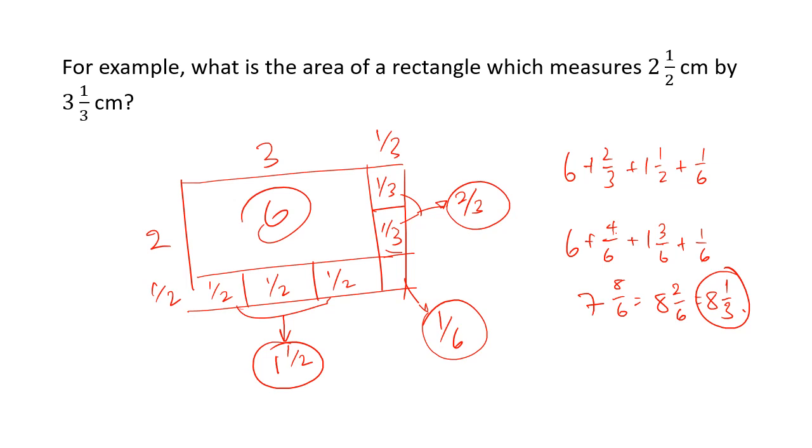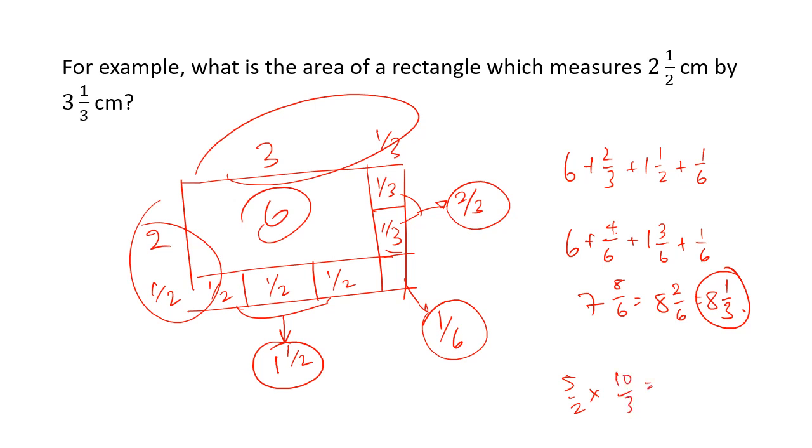Again, this is a very concrete, very intuitive way to do this area. Eventually, we're going to want to get to where we can do this just as the multiplication of these two numbers. And so we're just going to be multiplying 5 halves times 10 thirds and getting 50/6, which is going to make my 8 2/6, which is 8 1/3. So again, this is my abstracted version.